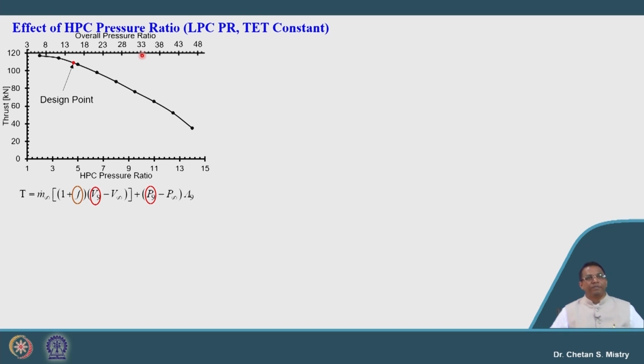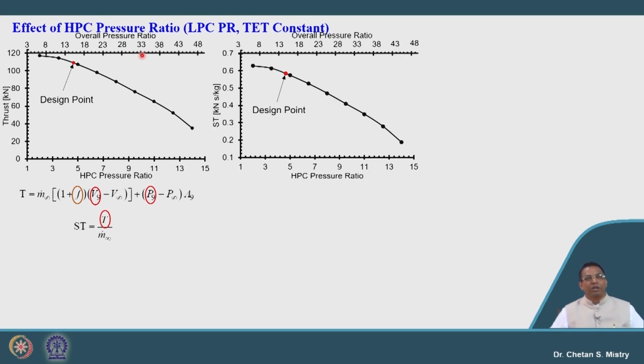Now, thrust specific fuel consumption. This is representing my specific thrust, which is thrust divided by m infinity. Since my m infinity is constant, my thrust follows the same trend as specific thrust.